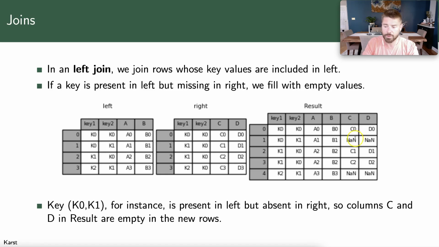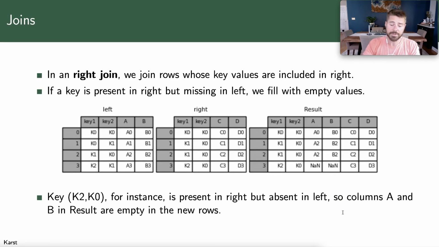We'll see several over the course of the semester where you really need a left join here, or you really need a right join here. And I've also seen it many, many times in various projects where you actually want these missing values to be present. Same thing with K2, K1. K2, K1 is contained in left, but not contained in right, and therefore we keep it, even if we have to insert missing values.